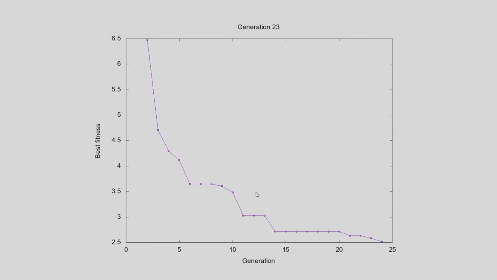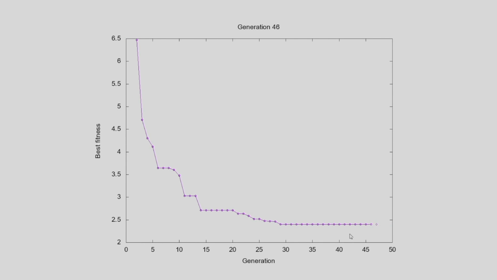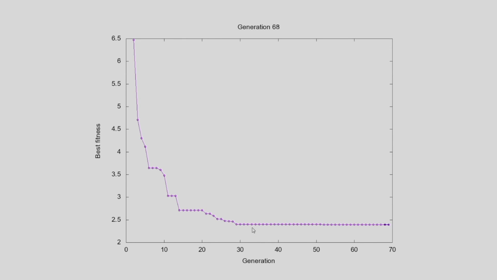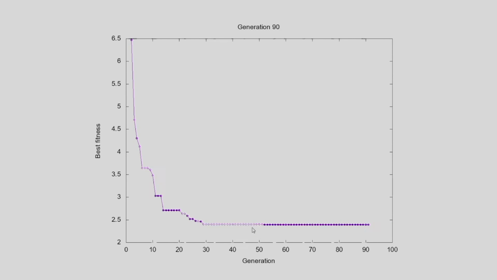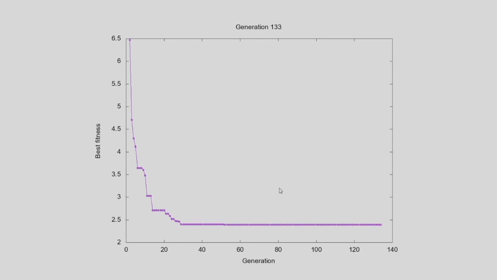Here we can see that the fitness is improving and close to 30 generations, we find a solution which is having the best fitness for the given problem, and that fitness will remain the same till 200 generation.